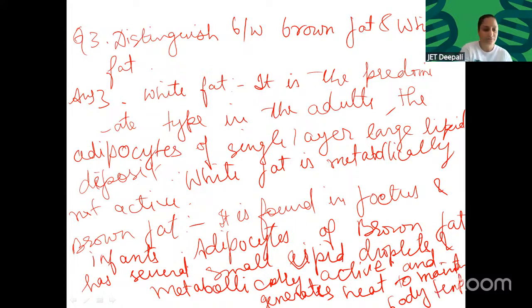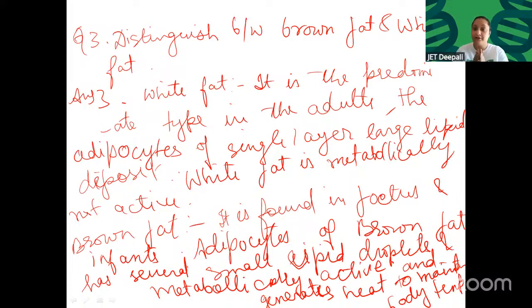Clear? See, what happens? Two people are sleeping on a bed. One is an adult and one is an infant. And they both have covered their body with a single blanket. Now what happens? The adult will sleep throughout the night while covering his body because he will feel cold if he removes the blanket.